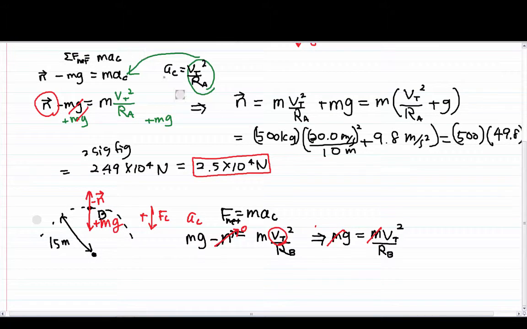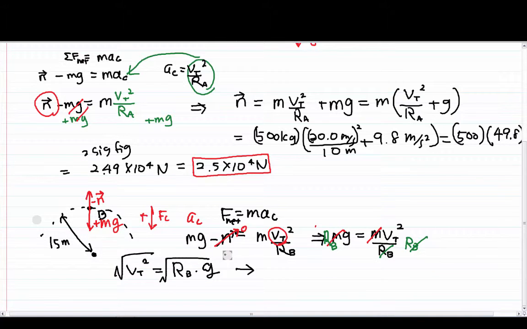I can multiply the radius on both sides. v_t squared equals g r. I want to know the maximum velocity, so take the square root of both sides.